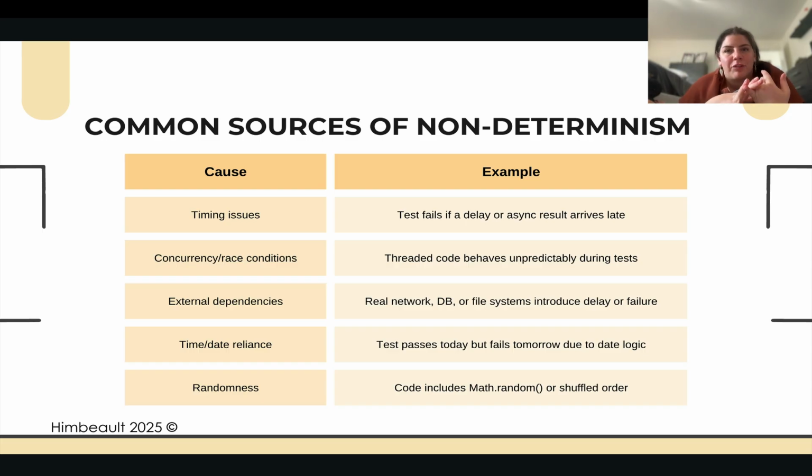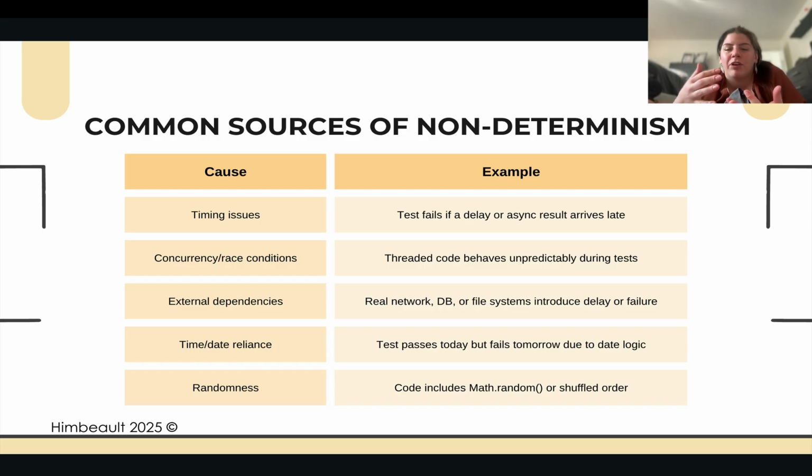Things like timing issues. So if a test needs some kind of a delay or an asynchronous result to come in, and for some reason it doesn't come in on time, our test will keep running without it and it will fail because we didn't get the data back in time. There are concurrency and race condition issues.